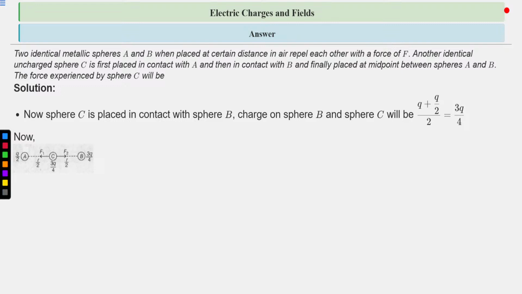So F1 is the force due to B on C, and F2 is the force due to A on C. Now F1 is K times Q by 2 times 3Q by 4 upon R square by 4.